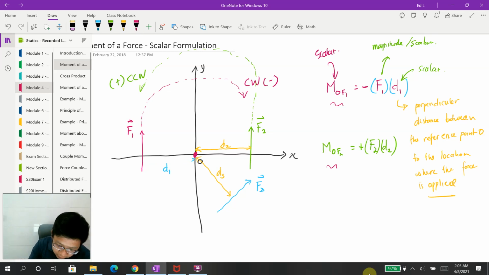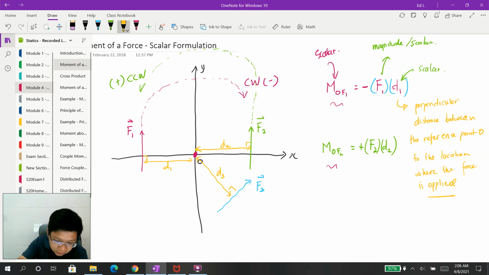To be more consistent, I just use a yellow color so that it does not confuse you. The distance is D3, and that distance has to be perpendicular, the same as the others. Thus the distance has to be the perpendicular distance from the reference point to the force.